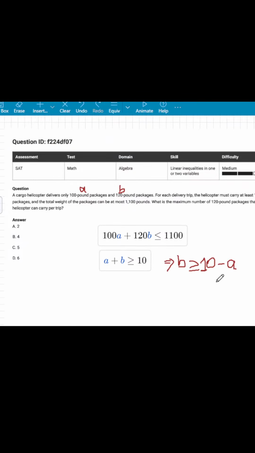Okay, so B is always greater than equal to 10 minus A. So the minimum value of B is 10 minus A, but we have to find the maximum number.